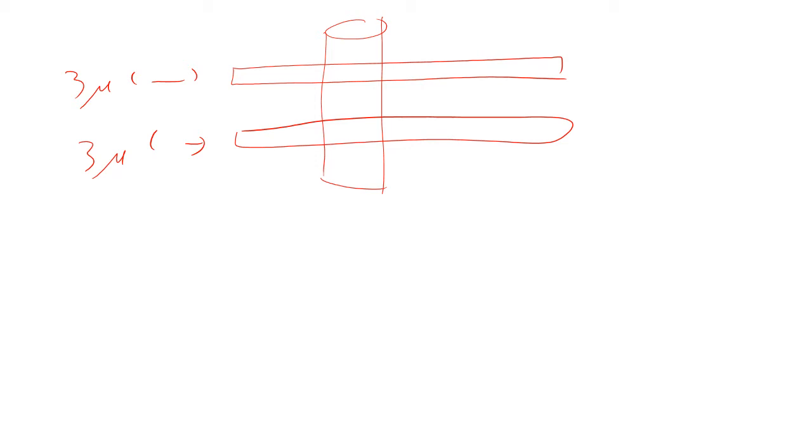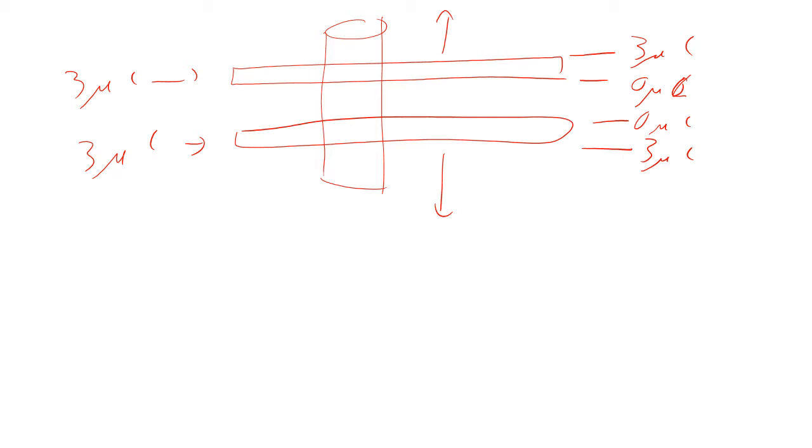Because it's symmetric, we're going to have the same going away from it in either direction. And so the only way this would work would be if we ended up with 3 microcoulombs there, 3 microcoulombs there, and 0 in between.